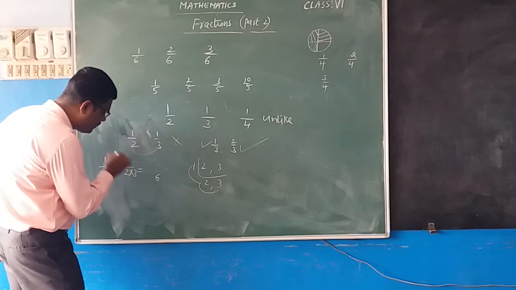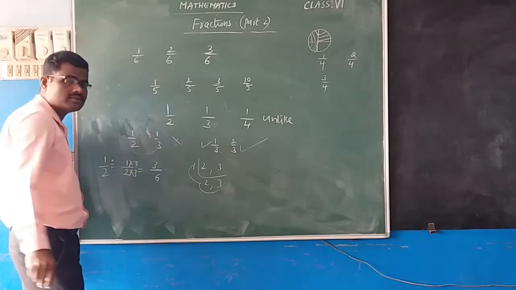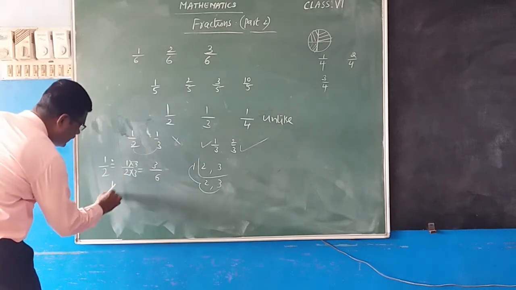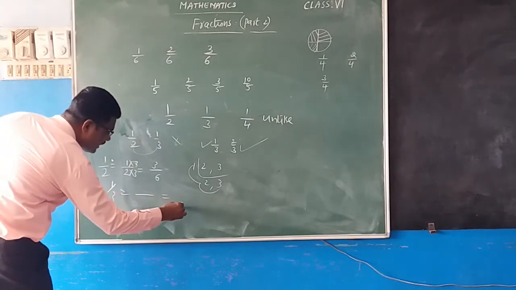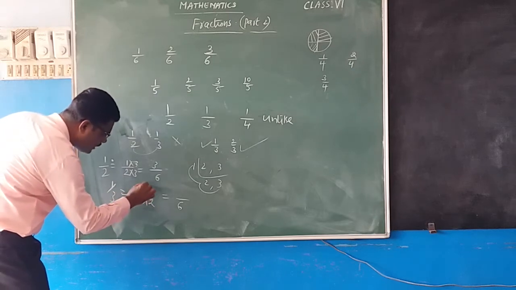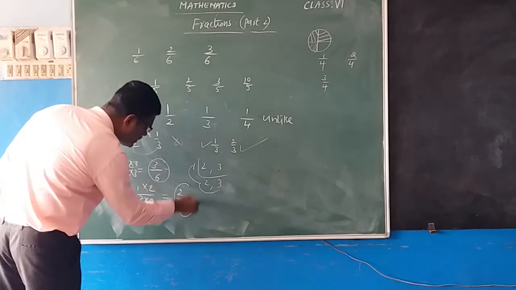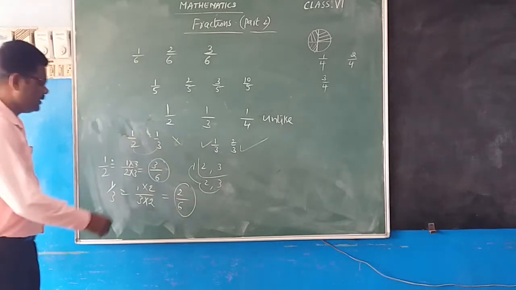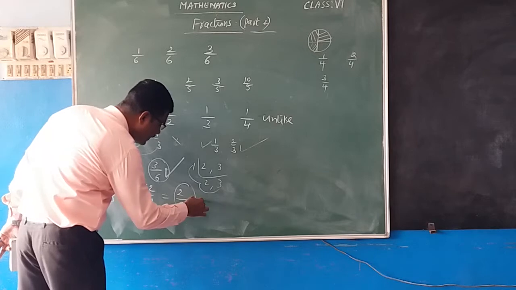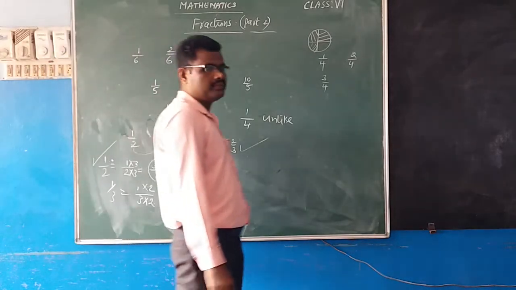If we multiply by 3, we will get 3 by 6. For 1 by 3, to get 6 in the denominator, we need to multiply by 2, and in the numerator also 2, so 2 by 6. Now you can say which is greater, which is smaller. 3 by 6 is greater than 2 by 6, so 1 by 2 is greater than 1 by 3.